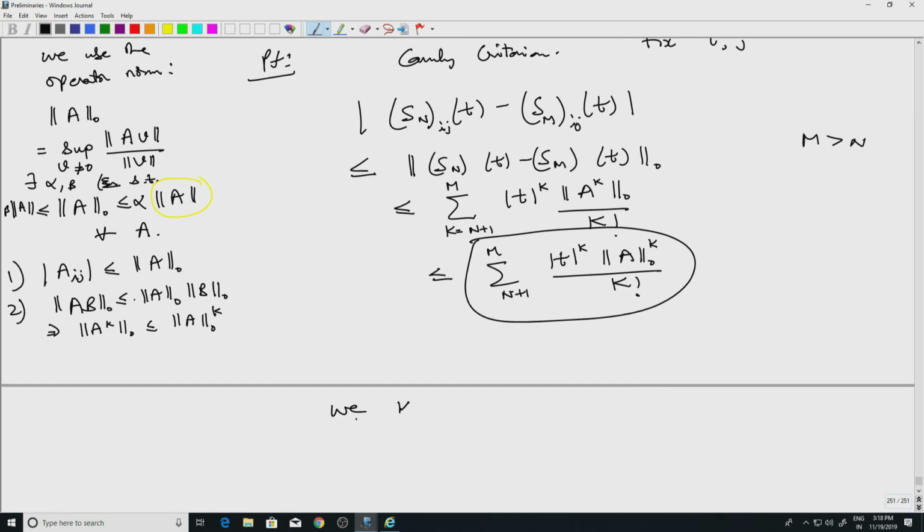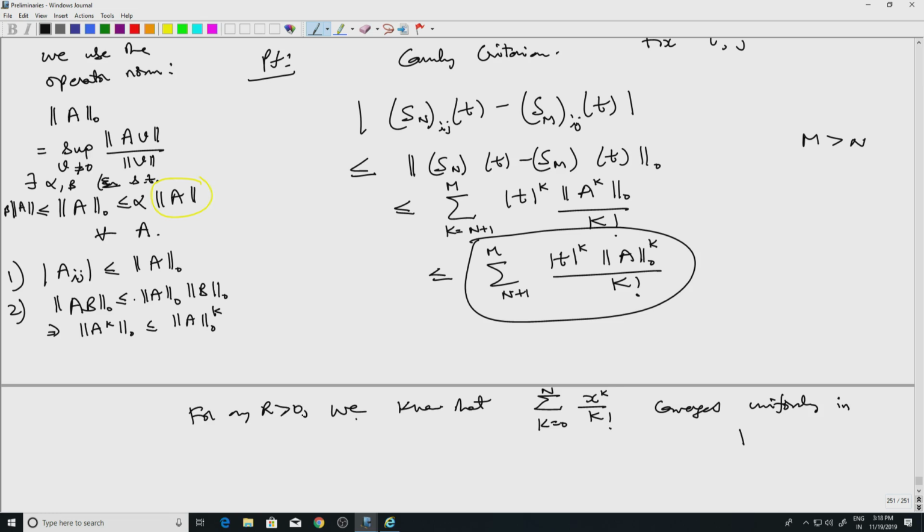We know that the exponential series, the sum of x to the power k over k factorial, k equals 0 to capital N, converges uniformly for any r greater than 0.